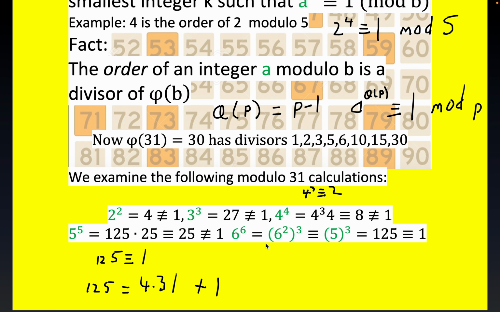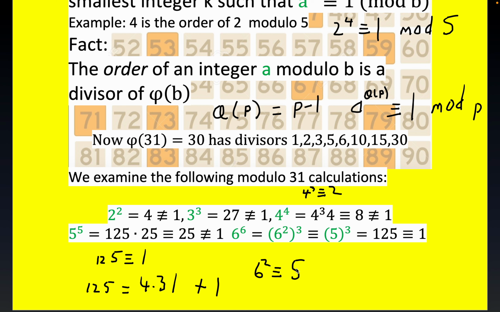Now also, we know for a fact what's going on with, well, actually we don't, do we? 6 squared? Yeah, 6 squared right here. The reason I did this is you're using this fact and this fact simultaneously, but 6 squared is congruent to 5. Because 6 squared is 36, and when you divide 36 by 31, you get a remainder of 5.